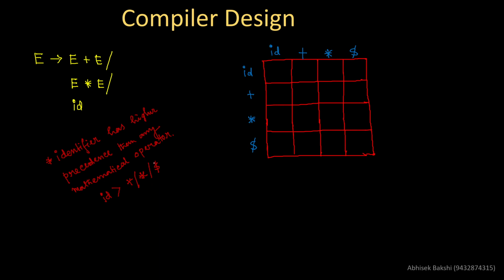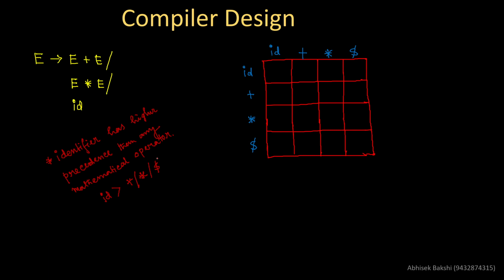Now there is one more thing, that you can decide yourself according to your grammar, for other cases, for example with respect to plus and star, which will have higher precedence.